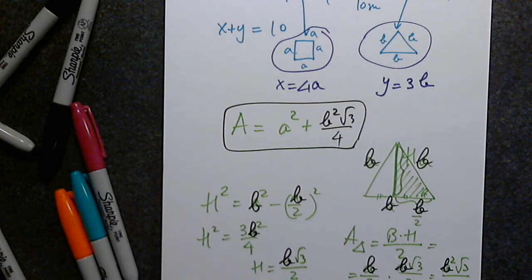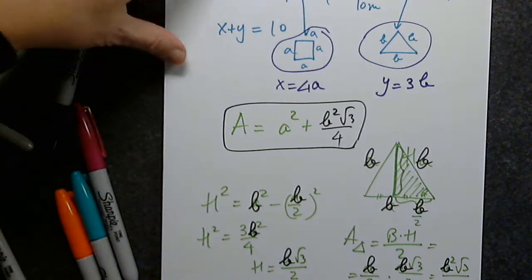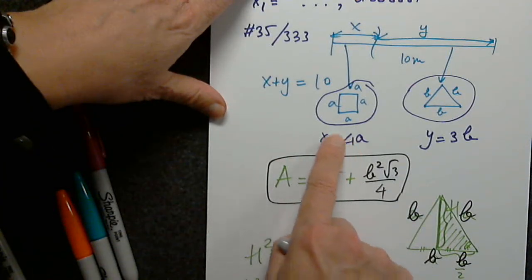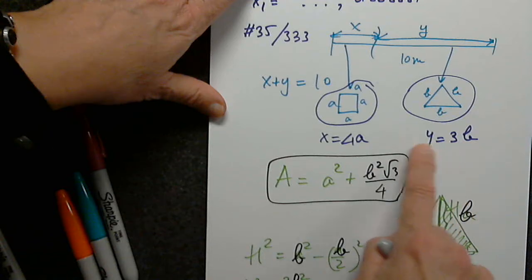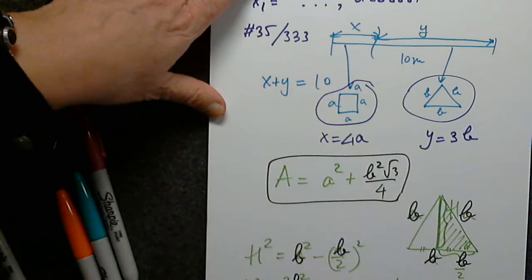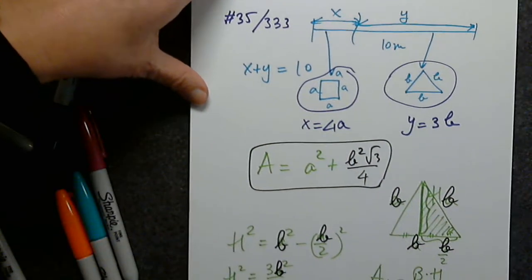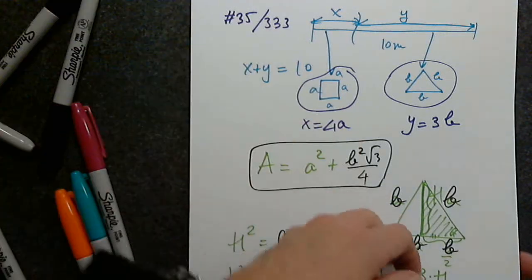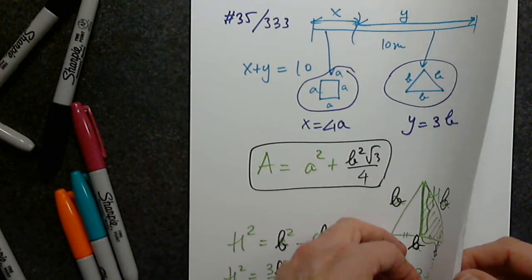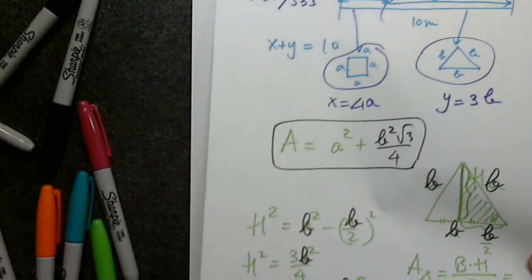So I found the function, but I'm not happy. And the reason I'm not happy is because it has two variables. So somehow I have to get rid of one of them. But here's what I know. I can solve for one or the other. I have that X plus Y equals 10, but X is 4A and Y is 3B.